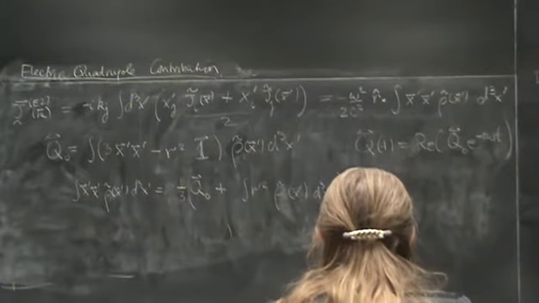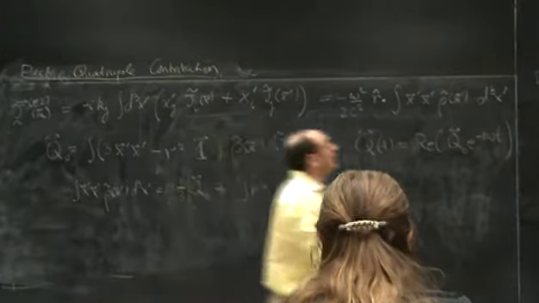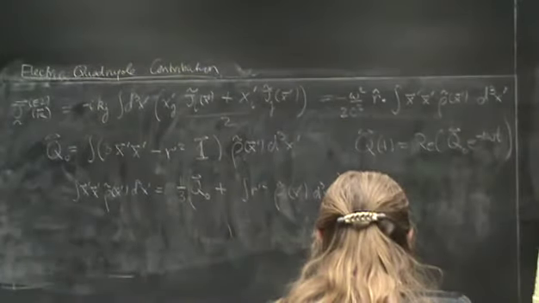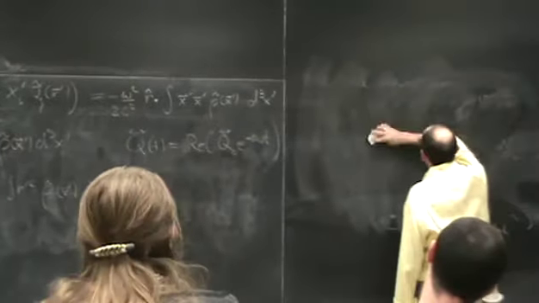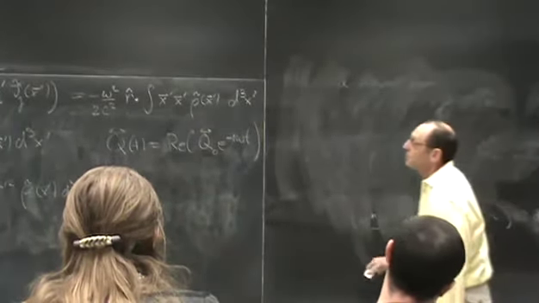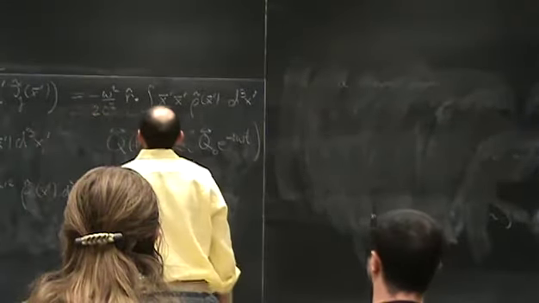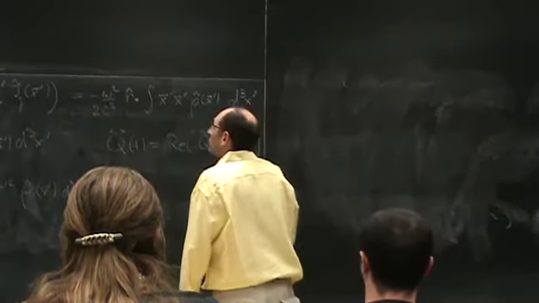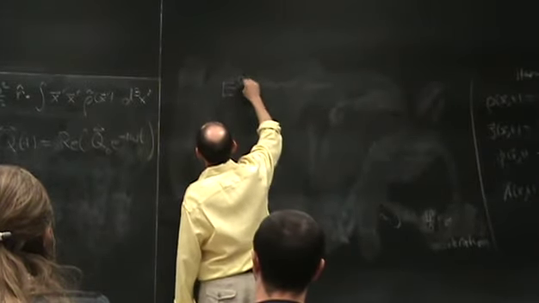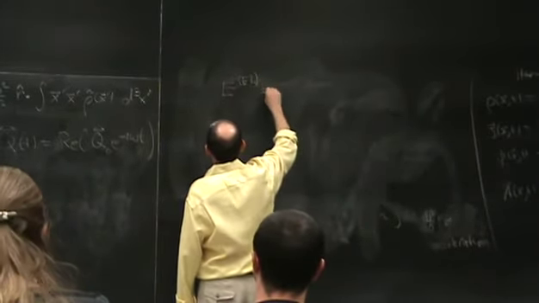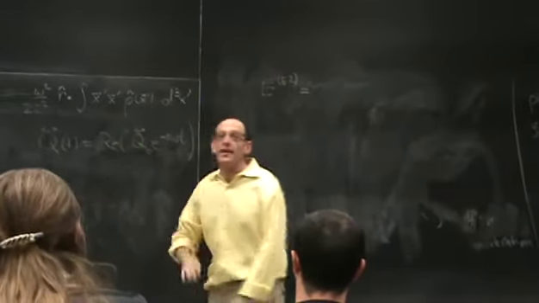Now what is the field associated with this in the radiation zone? According to what we have, we take the transverse part of this. The electric field associated with electric quadrupole radiation is the transverse part of this horrible mess.